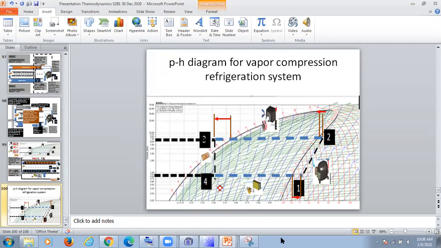Give me a second. Point one. Notice point one. One point. Another point.